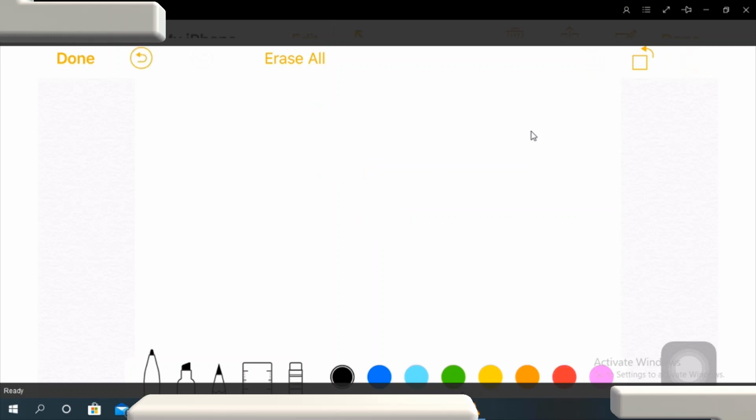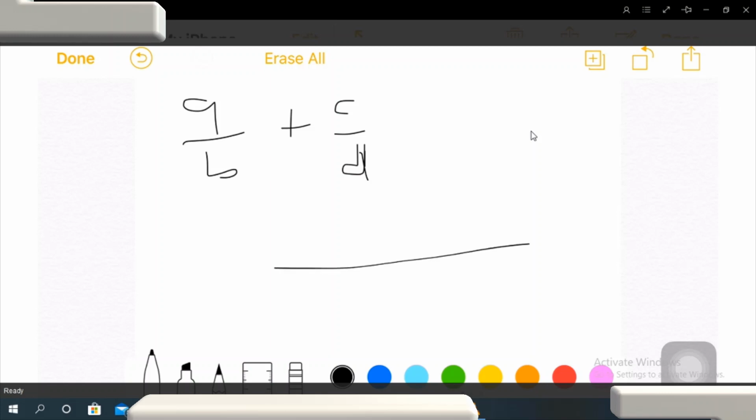So we said if we have A over B plus C over D. Oh my D, Lord. My D is just like a shoe. What? Okay. So I said we multiply the denominators to give us a common denominator.